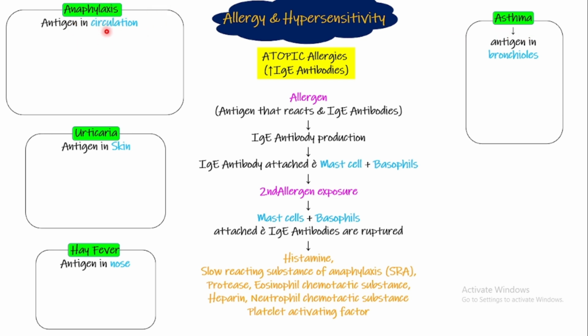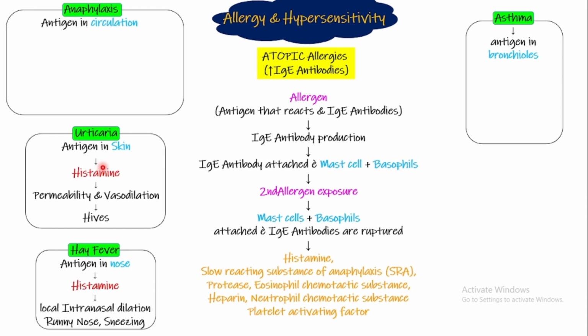Now in urticaria and hay fever, what is going to happen? Whenever the antigen is in the skin and the antigen is in the nose, histamine is released. We're focusing just on histamine. I have previously said that we will focus on these two chemicals, histamine and slow reacting substance of anaphylaxis. So in skin and nose, histamine is released, and as you know, histamine will result in vasodilation and increase the permeability of the local blood vessels.